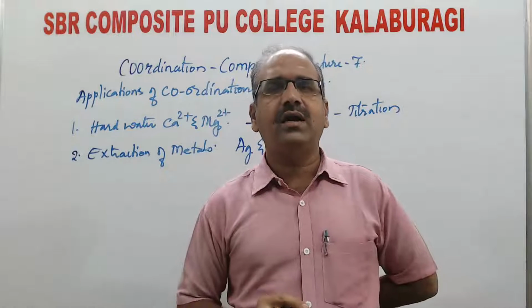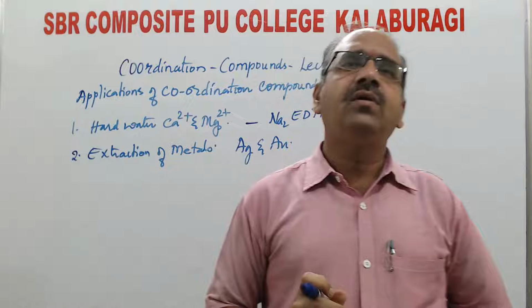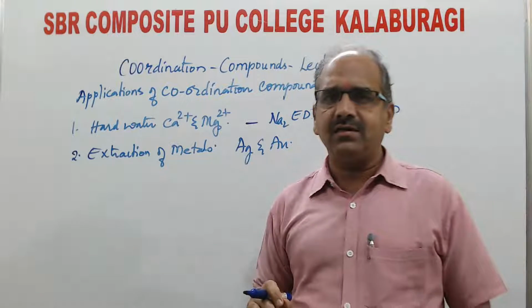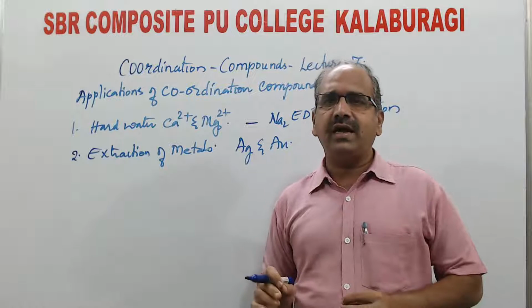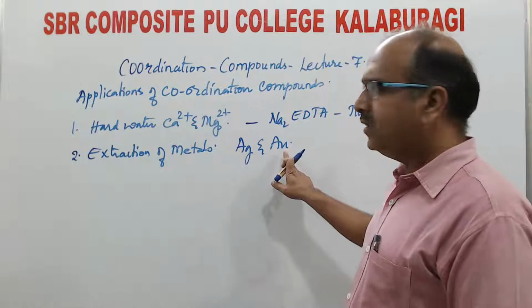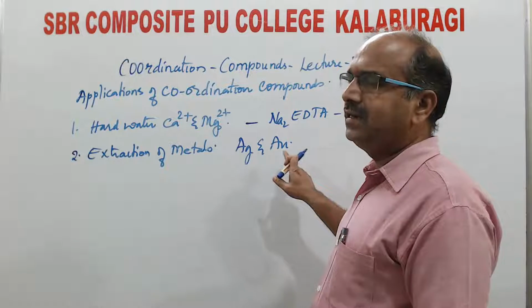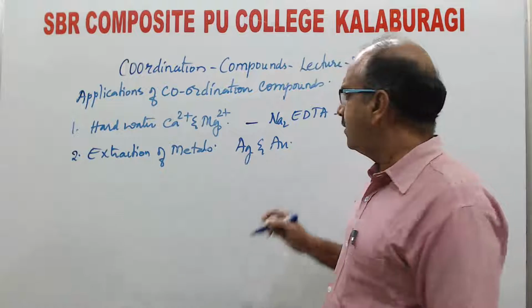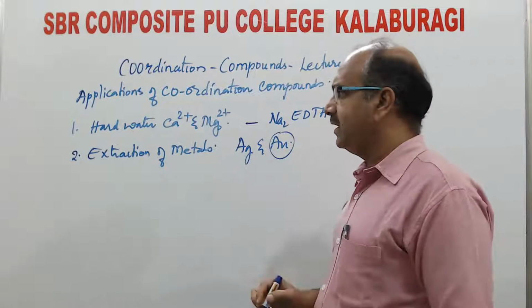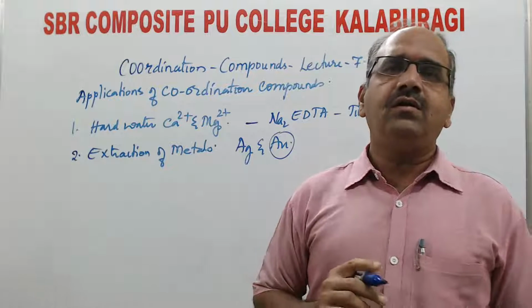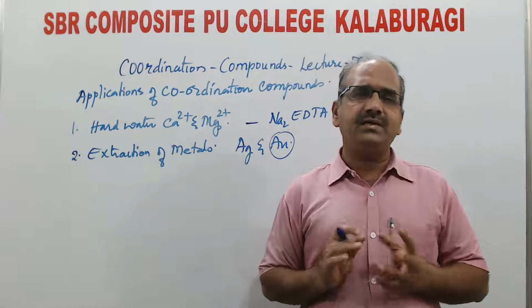When I was telling you about metallurgy, I told you how gold ore is separated from its gangue, that is by leaching. Sodium cyanide is treated there. That cyanide forms a complex with the gold, and then you take it for further processing to get the gold. So in the extraction of metals, especially silver and gold, you are using a complexing agent.